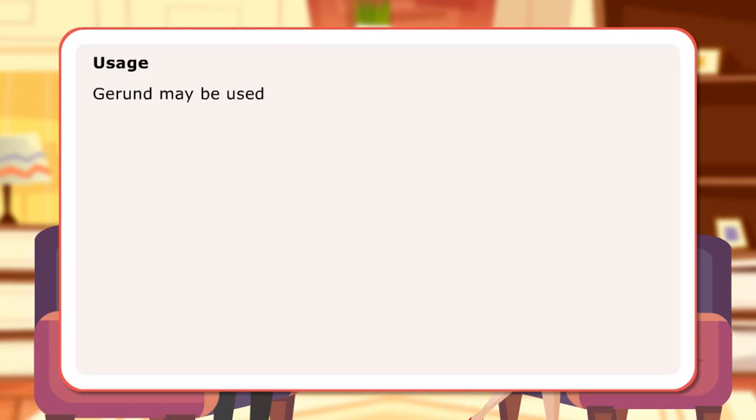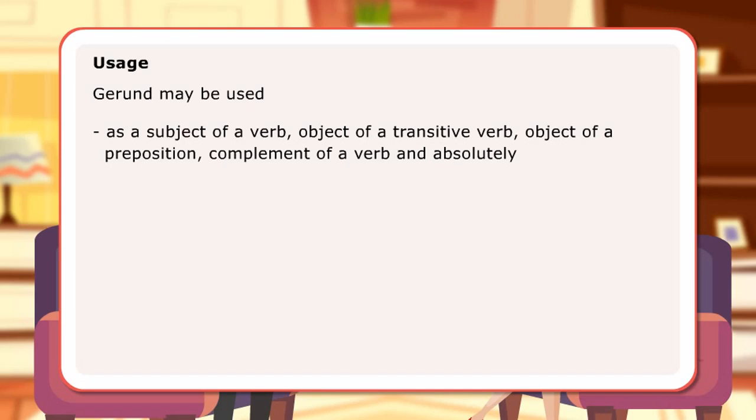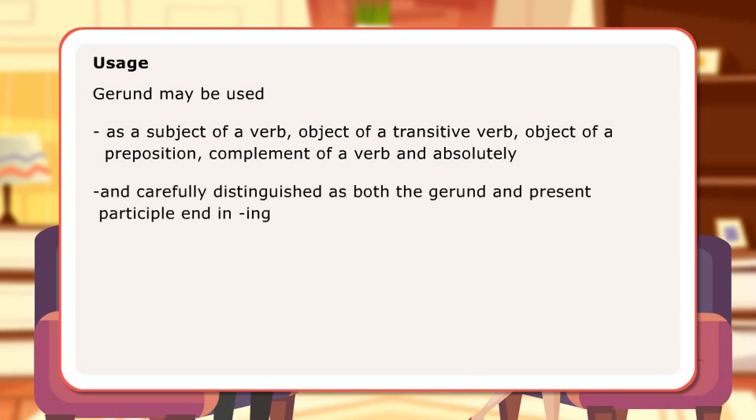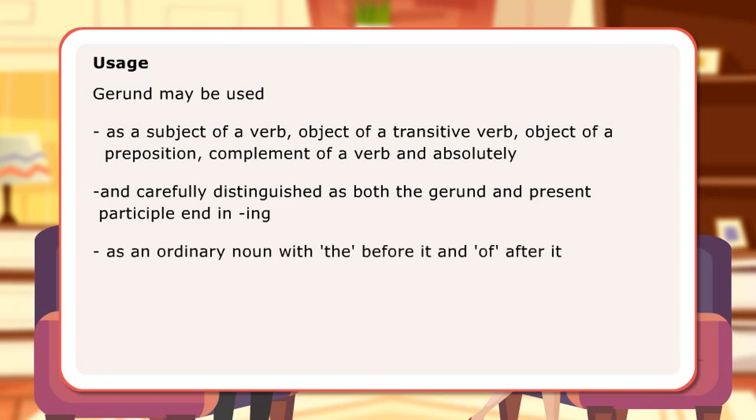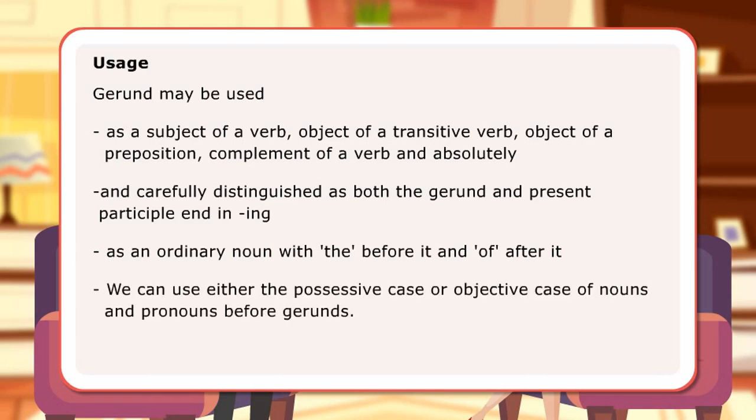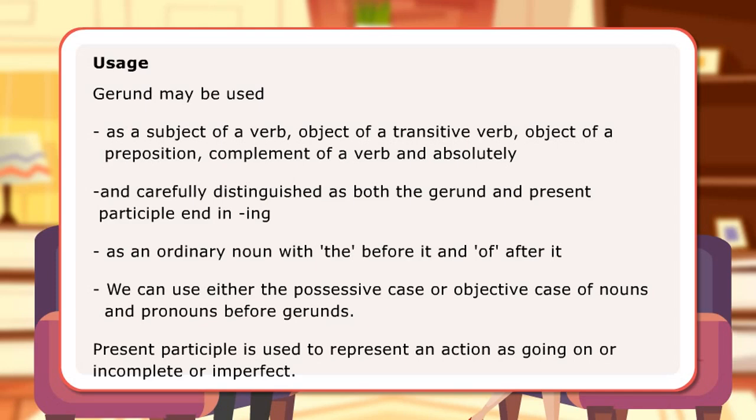Usage: a gerund may be used as a subject of a verb, object of a transitive verb, object of a preposition, complement of a verb, and absolutely, and carefully distinguished, as both the gerund and present participle end in ing, as an ordinary noun with the before it and of after it. We can use either the possessive case or objective case of nouns and pronouns before gerunds. The present participle is used to represent an action as going on or incomplete or imperfect.